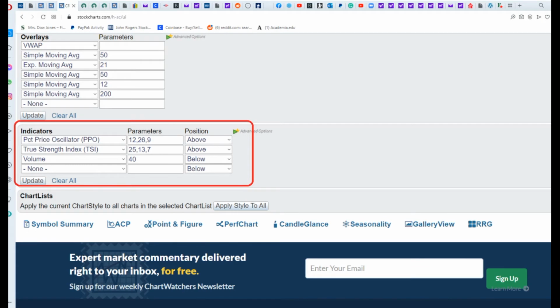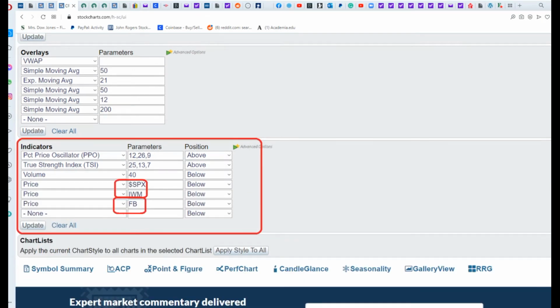And this is how you put these indicators in the chart. So remember that to put the S&P 500 and the Russell 2000, you need to put it here on the price. Now let's say that you want to compare your stock to Facebook for whatever reason. It's just to show you that you also can compare to another stock.